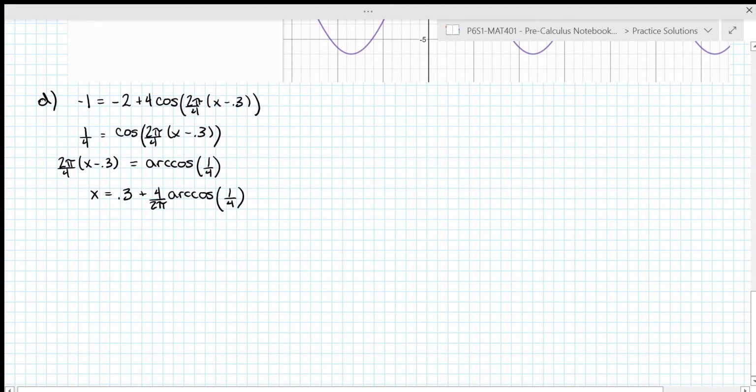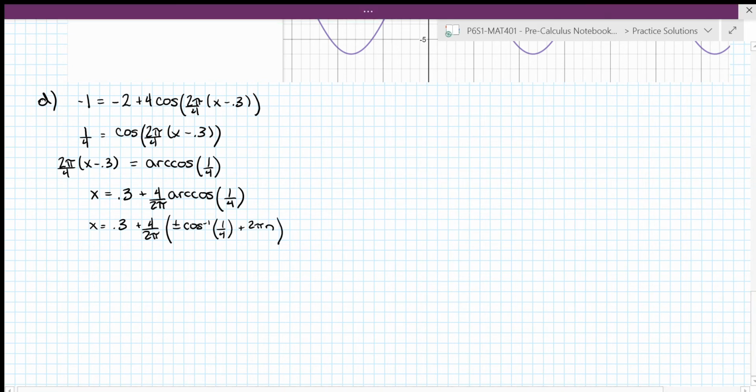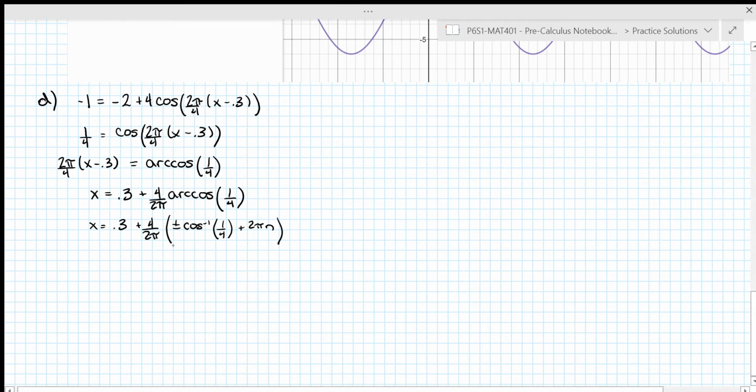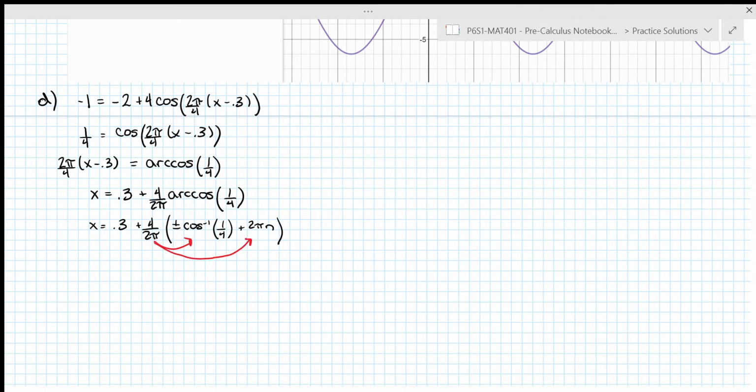The arccos formula from above, again, I plug in here. 0.3 plus 4 over 2 pi times the positive or negative value that my calculator gives me when I plug in the inverse cosine of 1/4 and every angle coterminal to it. Again, I need to distribute this across both terms.